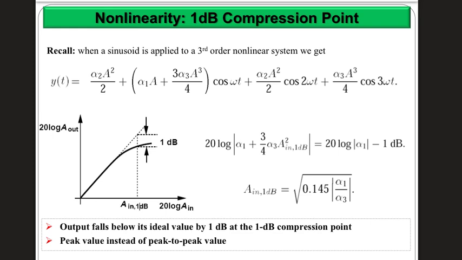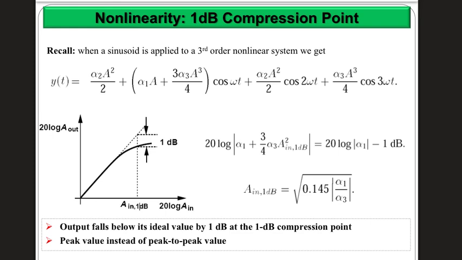Now you can do some calculations, assuming that we are dealing with the general input-output relation, up to the third order, and we are dealing with an input which is A cosine omega t. That's my input. Then we can deduce the output for the sinusoid with third order nonlinearity, as we did in the example much earlier, right?